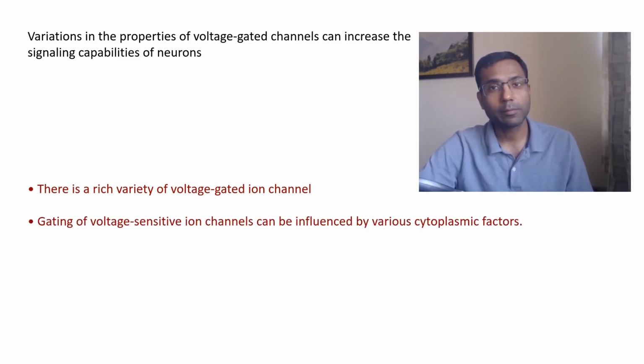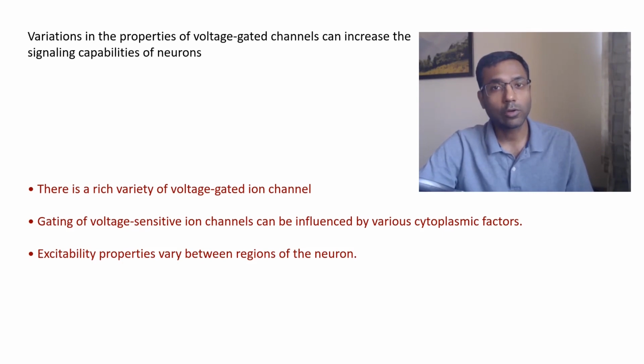And because these channels are proteins, they may also be affected by various events happening in a neuron. So just like other proteins, they may be affected by post-translational modifications such as phosphorylation, and they may also be affected by the amount of calcium that is present in a neuron.